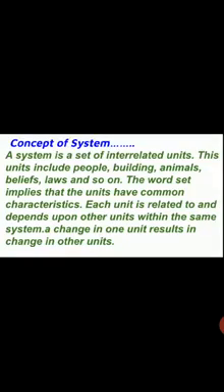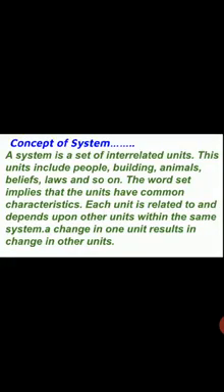A system is a set of interrelated units. These units include people, buildings, animals, beliefs, laws, and so on. The word set implies that the units have common characteristics.